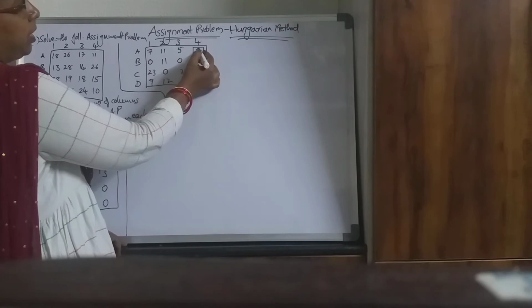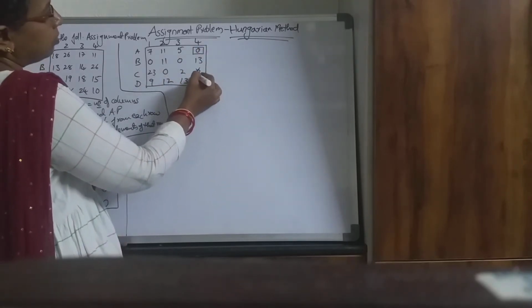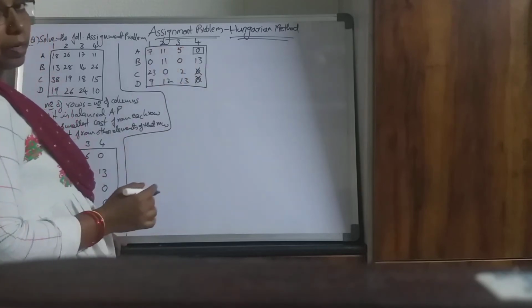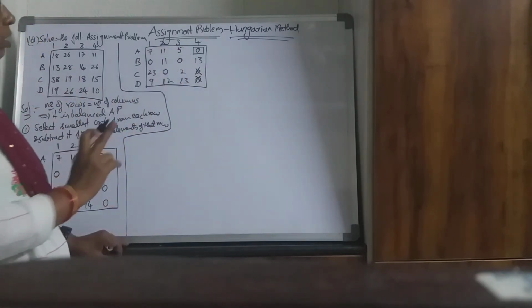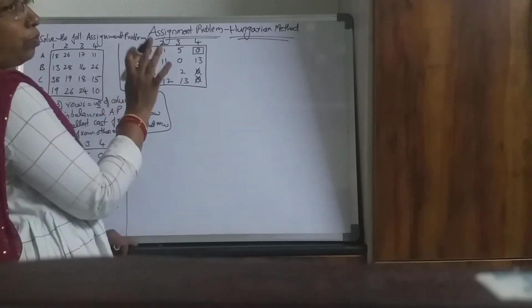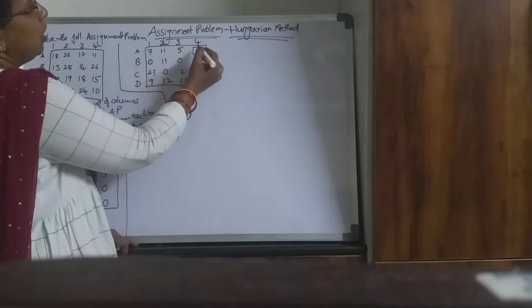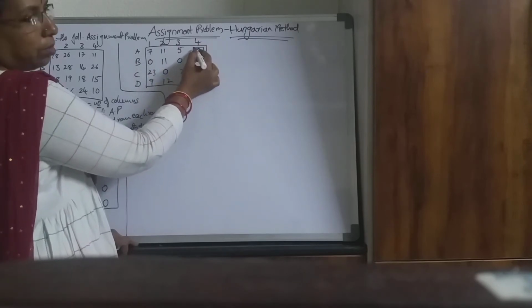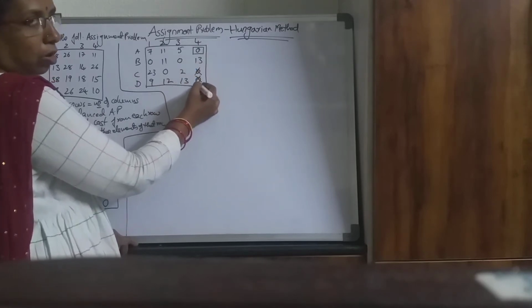Now here I have made an assignment and cross off all other zeros in that column. I'm repeating it. After getting each row and each column at least 1 zero, now select a row with only single 0. So in the first row I have only single 0, so I am making an assignment here by drawing a box and cross off all other zeros in that column.